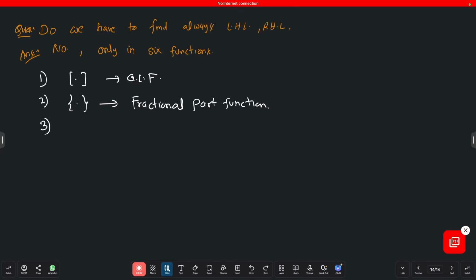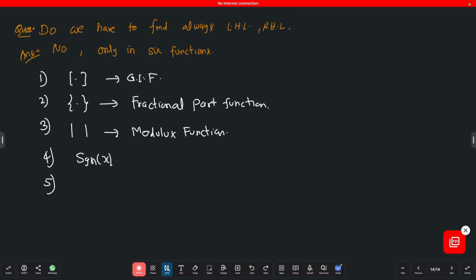So note with me, these 6 functions. Number 3, mod function, modulus function. Number 4, signum function.